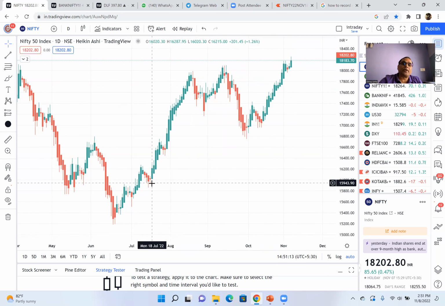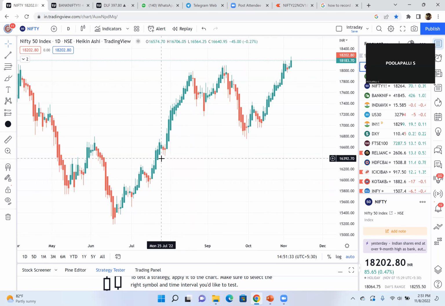If you see here, someone would have entered into a long trade on 18th of July towards the end. And from 18th of July, even this would not meet the reversal criteria. You would have just continued and exited on 22nd of August. So you would have caught this entire move.